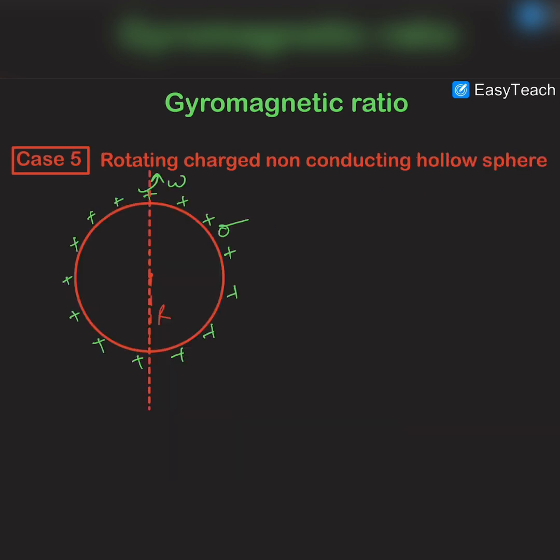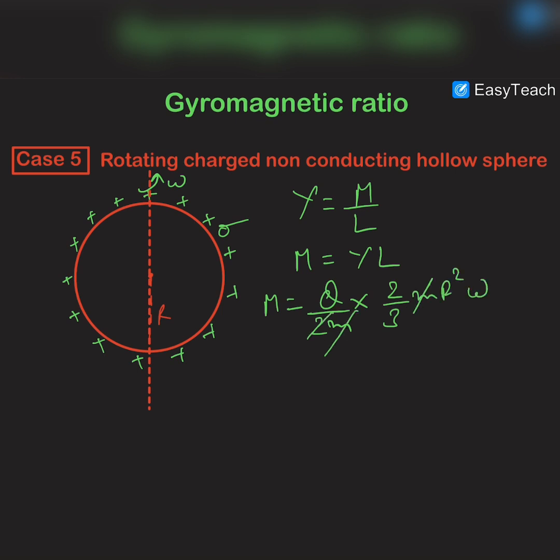Now let us find the magnetic moment due to a charged hollow sphere by using the gyromagnetic ratio. So gamma is again M by L, and M is equal to gamma L, which is q by 2m, and L is the total angular momentum. The angular momentum of this sphere about the COM axis will be equal to 2 by 3 m r square into omega.